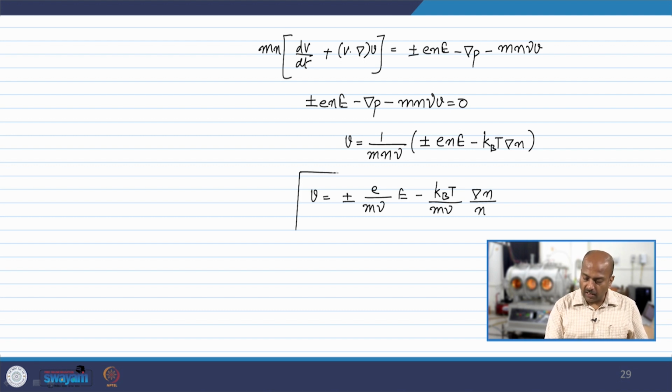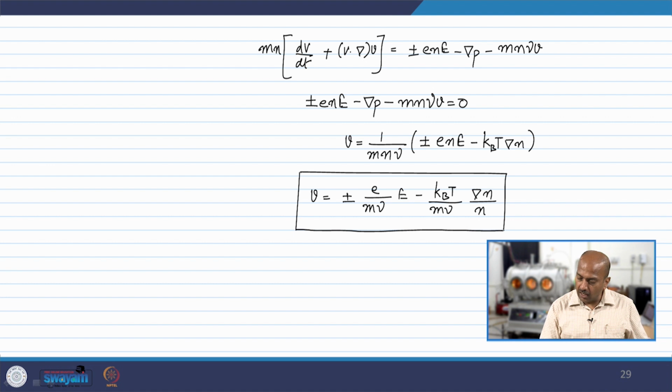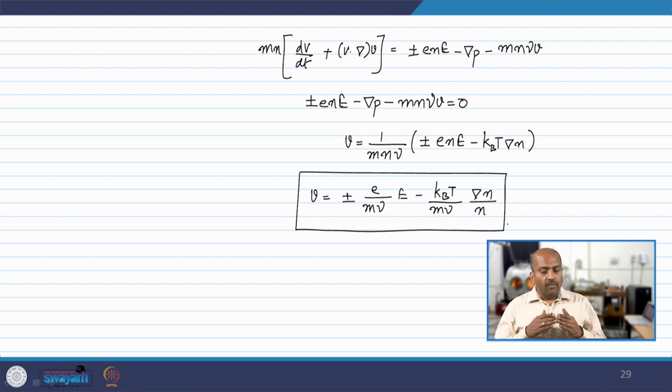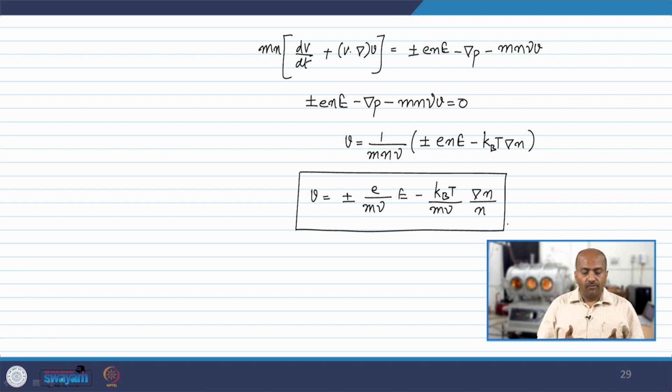Of course, this is still ambipolar diffusion, but now we have brought in the idea of collisions. So, this can be treated as a velocity which the particles will achieve when there are many collisions, right.